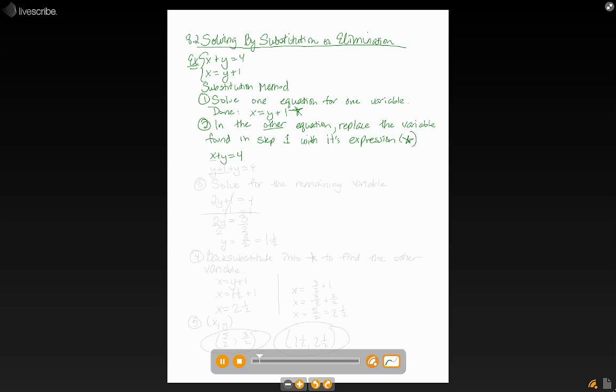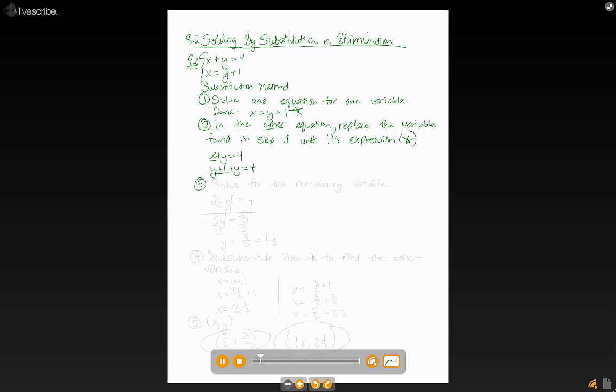I'm going to replace x with y plus 1: y plus 1 plus y equals 4. So I've just replaced my x with the y plus 1. Everybody okay with that step? Notice what that did is it brought my equation down from 2 variables down to 1, right?